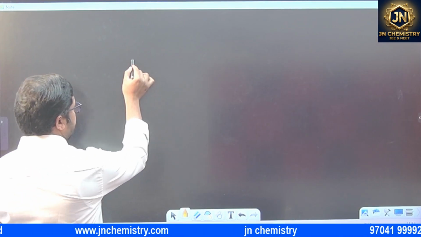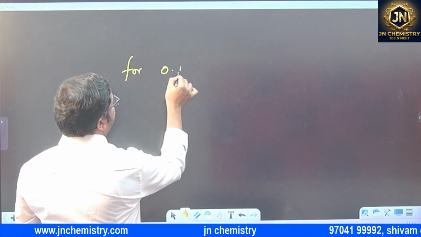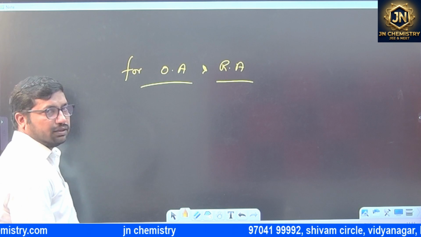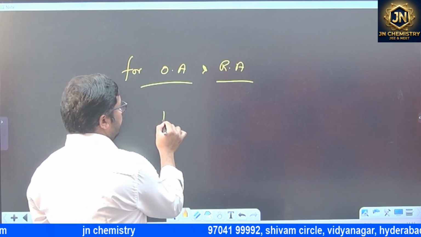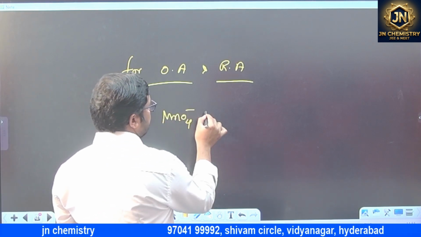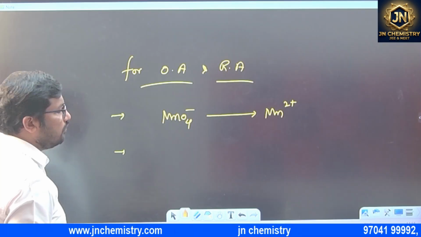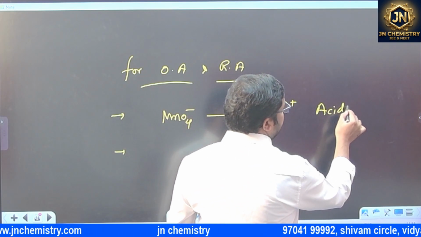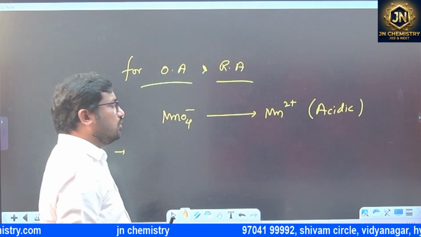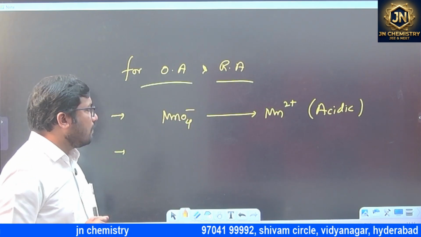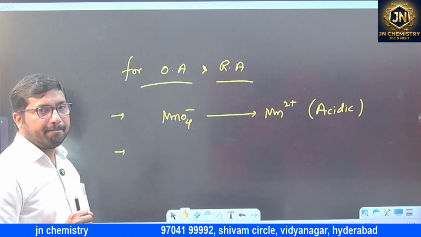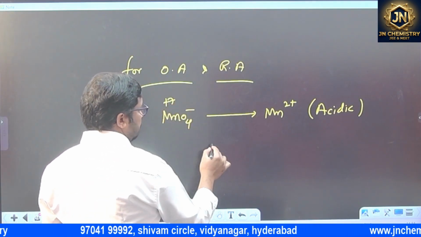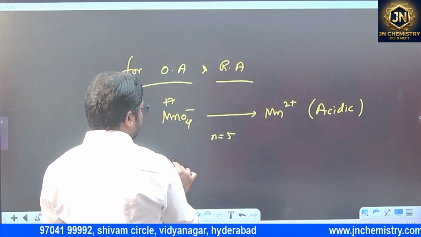For oxidizing and reducing cases, for oxidizing agents and reducing agents, MnO4 minus is important. MnO4 minus in acidic medium gives Mn2 plus. What is its n factor? 5. It is plus 7 to plus 2, so n is equal to 5.